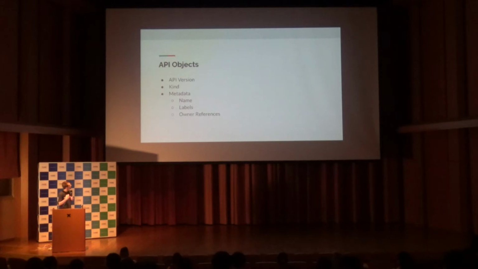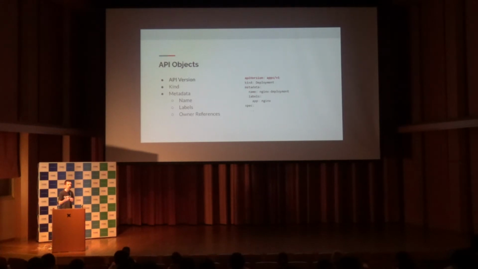Each object in the Kubernetes API has a set of common properties that all objects have. One of those is the API version. The API version specifies a group and a version.